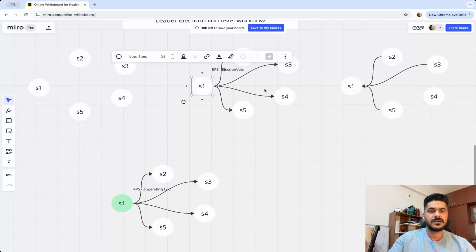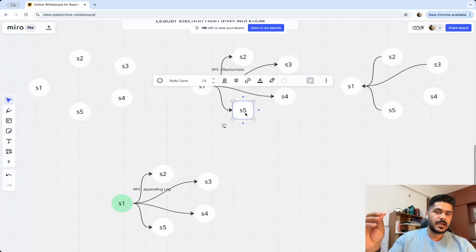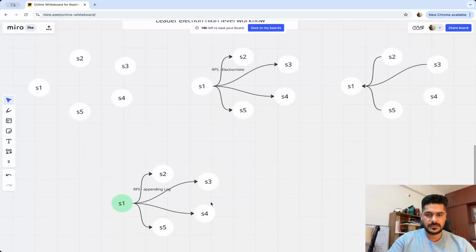Whichever server receives the majority first will become the leader. Here, simple majority wins, right? If by any chance it is tied, then it goes back to the initial state where nobody is a leader, and again you have a random time to trigger converting yourself into a candidate and asking for the vote.